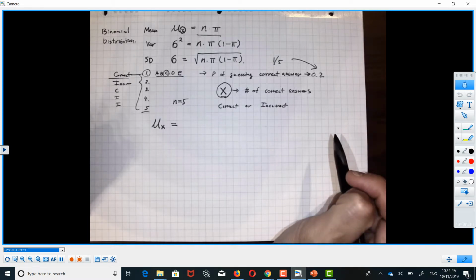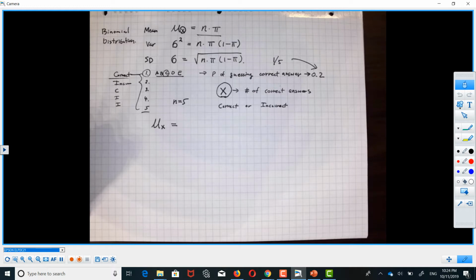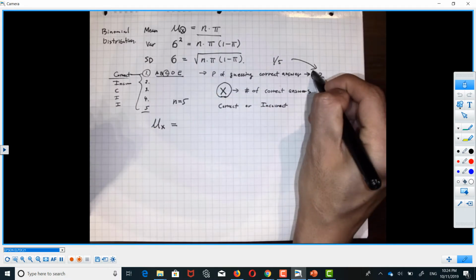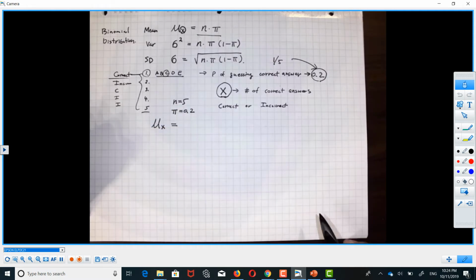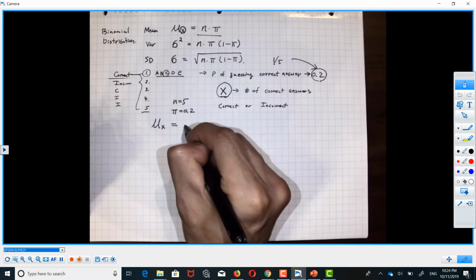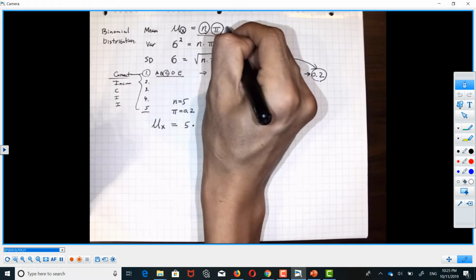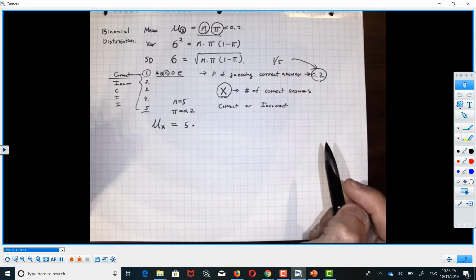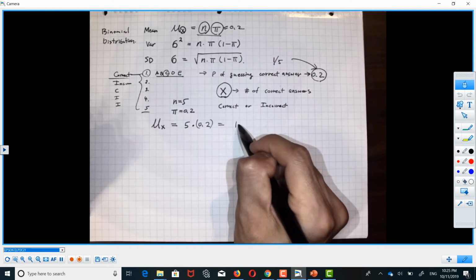And then pi, which is the probability of the event of interest, is 0.2. So on average, n is 5 and pi is 0.2, so 5 times 0.2, which is 1.